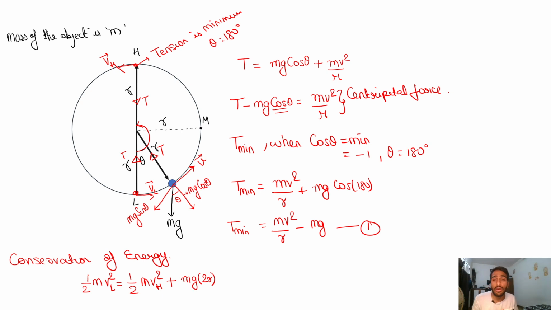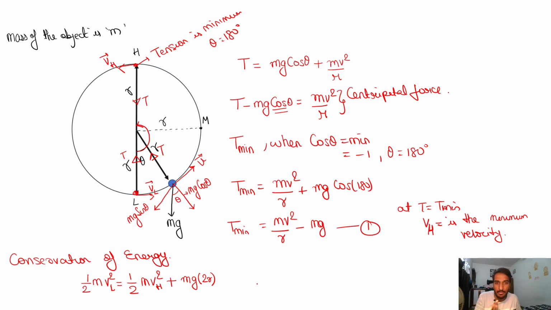Now how can we find the velocity VL? For T minimum we can find VL. At T equal to T minimum, VH is the minimum velocity, so we can find the value of VH.